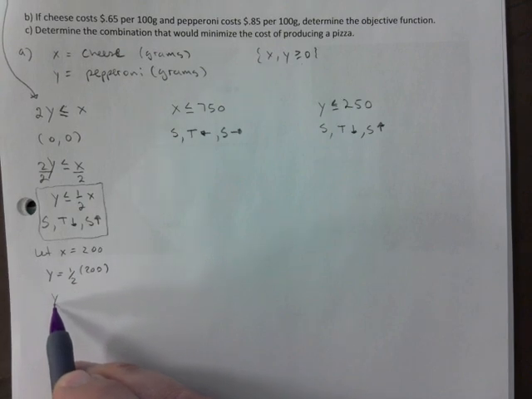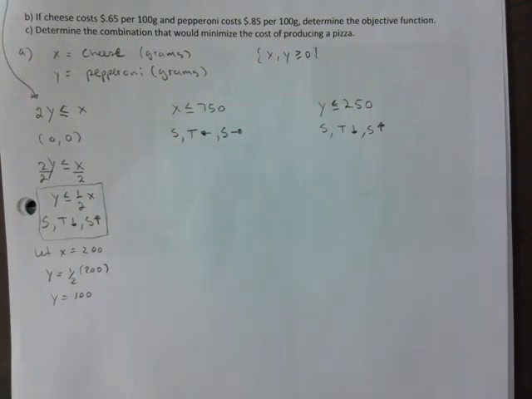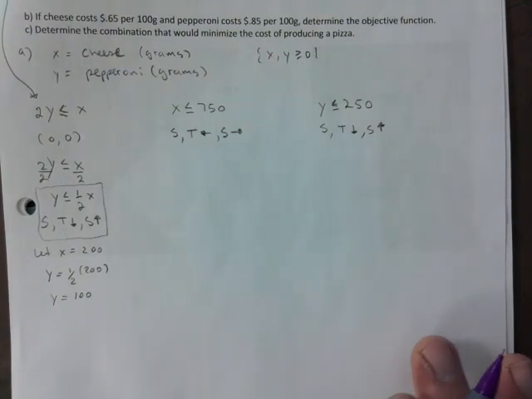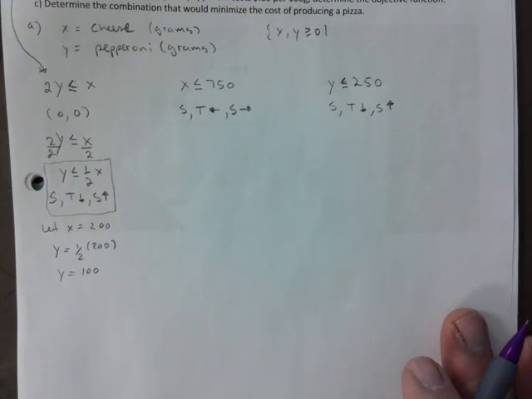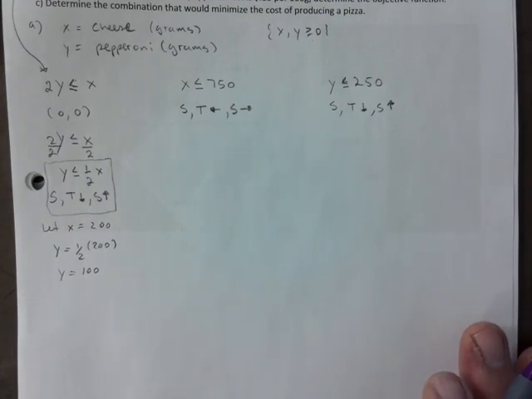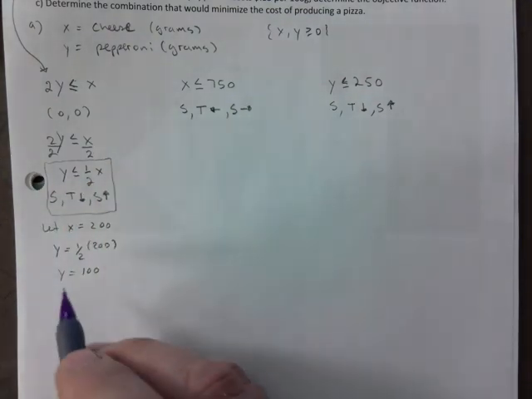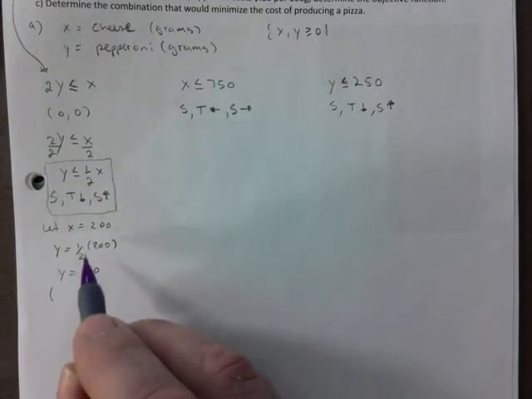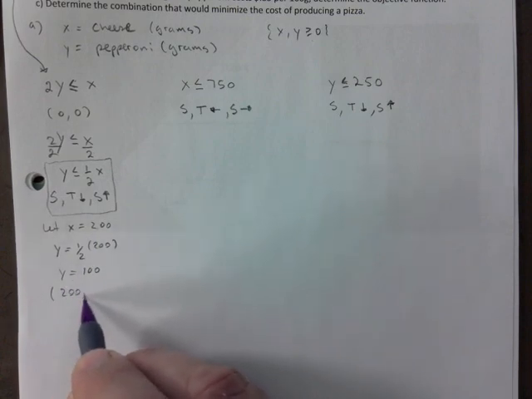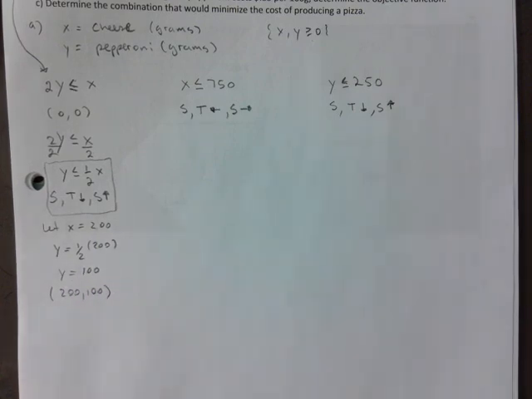And what's half of 200? It's 100, right? You could have picked 400 if you wanted to. It doesn't really matter. But don't pick 2, right? It's a little bit too small compared to the rest because you want the reference. So the second point is therefore 200, 100.